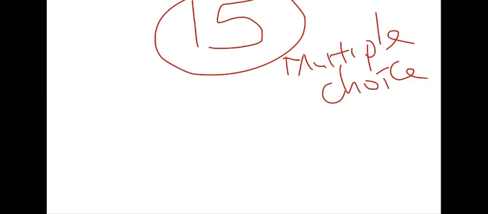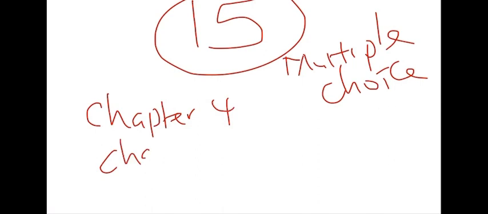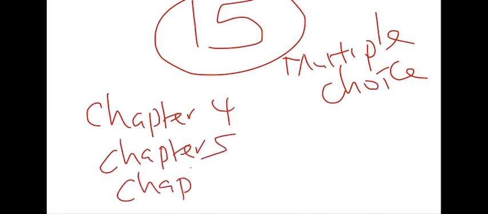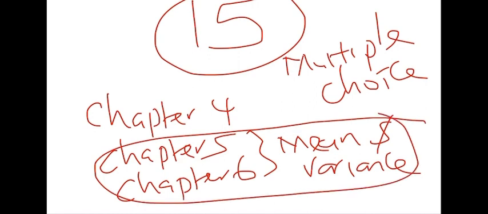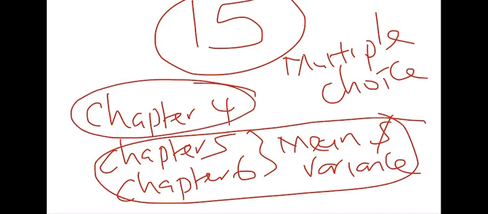Except, I told you, chapter 4, chapter 5, chapter 6. Try and understand how to find the mean and variance of a particular distribution. I'm going to review all of that tomorrow. But chapter 4, that is where you need your calculator.